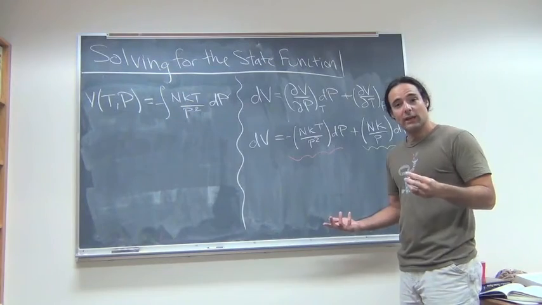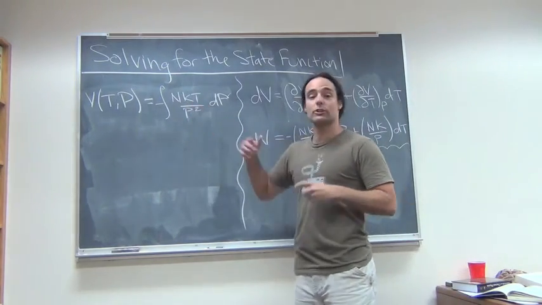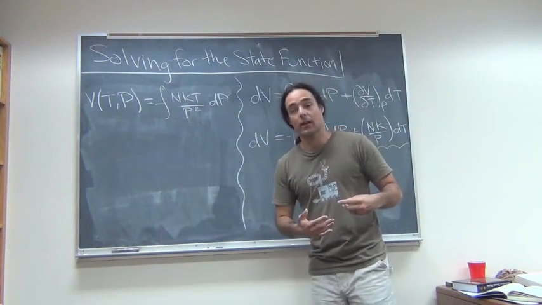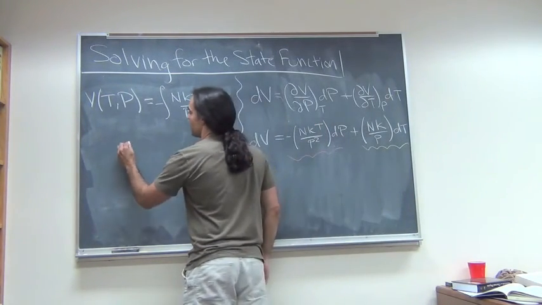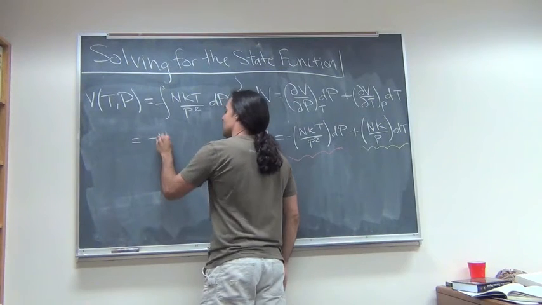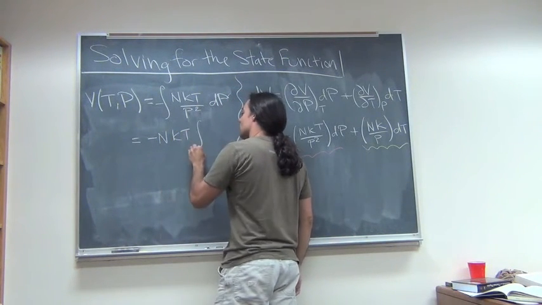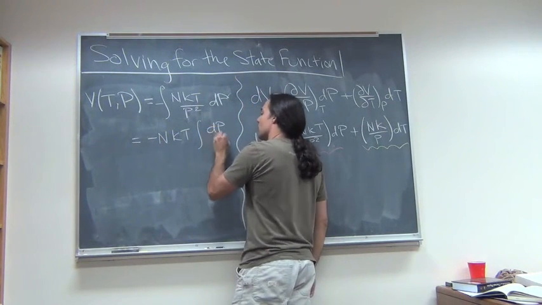Well, that's a pretty easy integral to do. nkT are just constants here. We're treating the T as a constant, so I can pull those out of the integral. I am left with minus nkT integral dP over P squared.